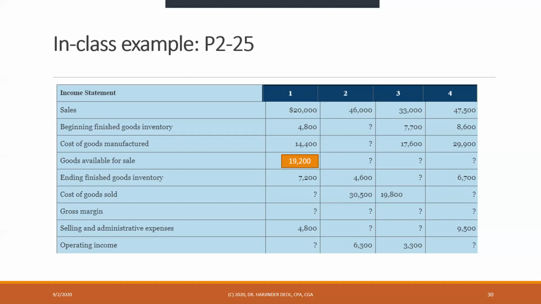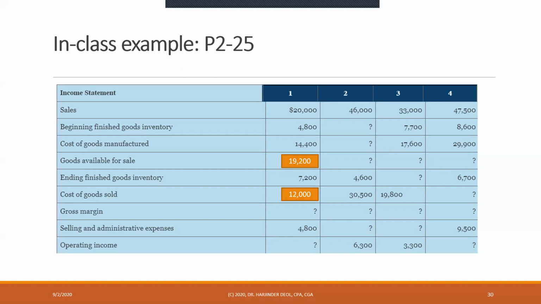Two added together give us goods available, $19,200. That's the total cost of goods that we could have sold if we were to be sold out. However, considering the fact that we do have ending finished goods inventory worth $7,200 remaining, the cost of goods sold actually must have been the difference, 19,200 minus the 7,200, or $12,000.